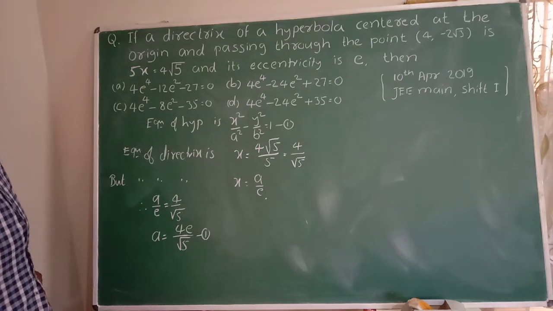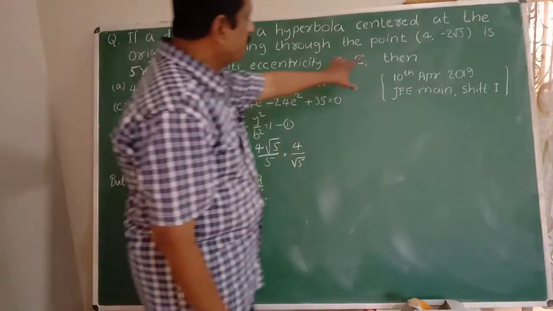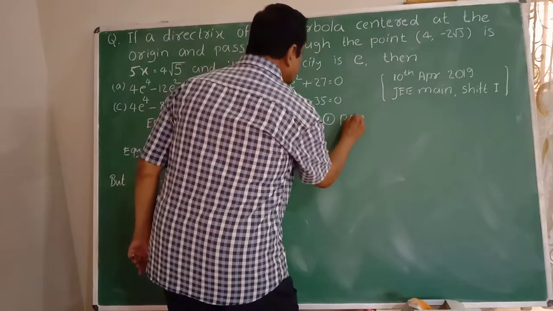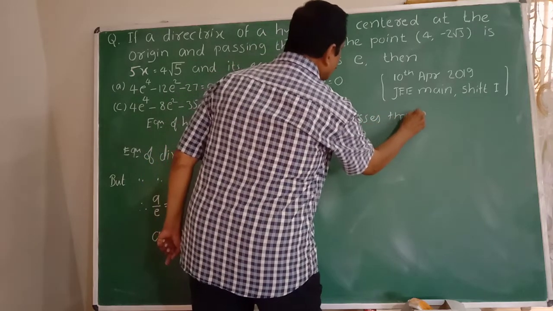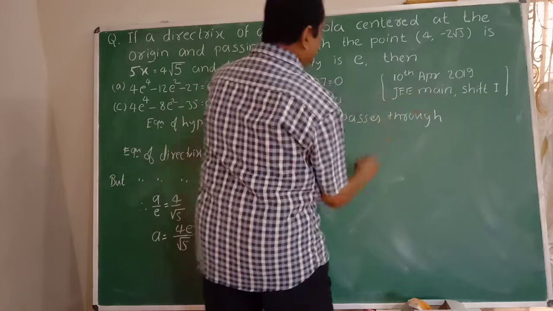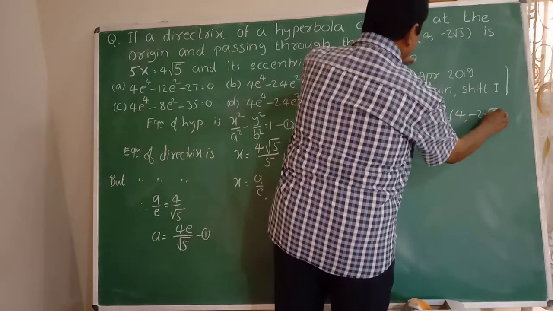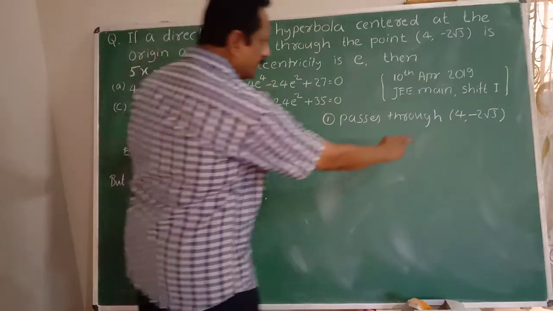Okay, next, this hyperbola passes through the point given here, so it passes through the point (4, -2√3). Therefore replace x by this 4 here.